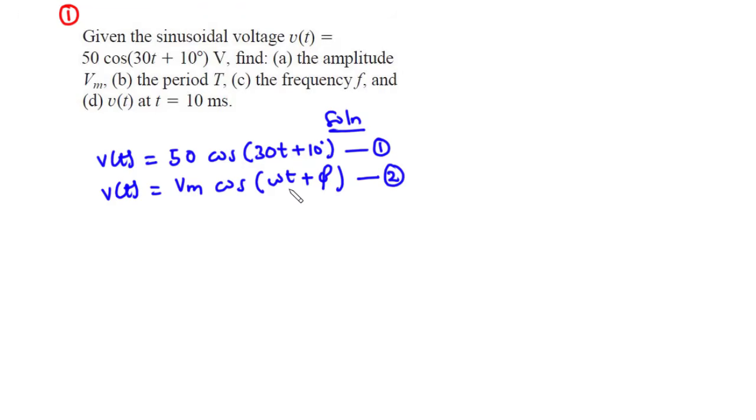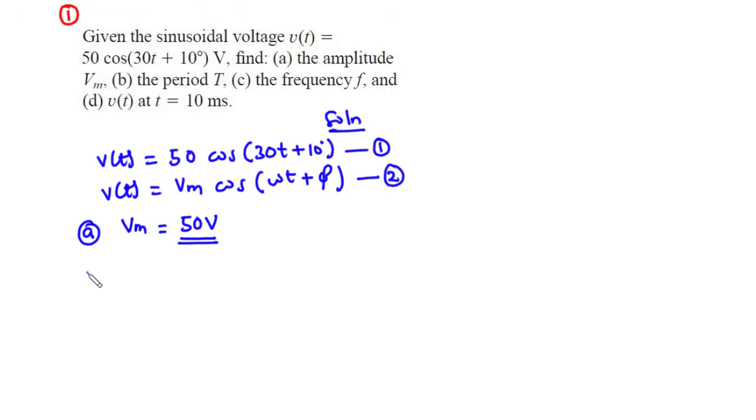Now let's find the value of the amplitude, that is A. So comparing these two equations, it is obvious that the amplitude of this signal is equal to 50 volts. So straight away, we have Vm equals 50 volts.